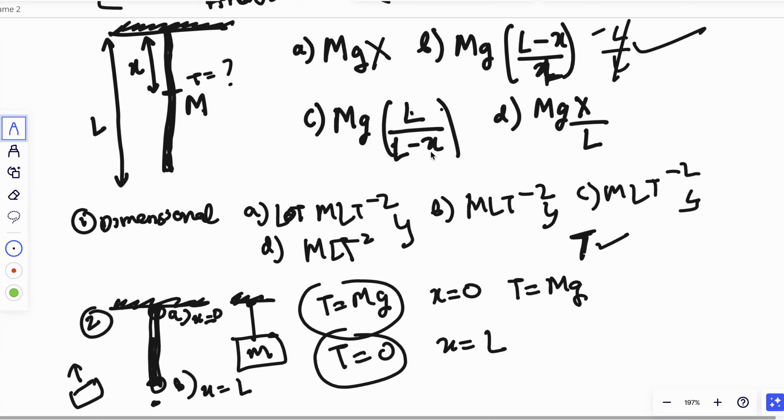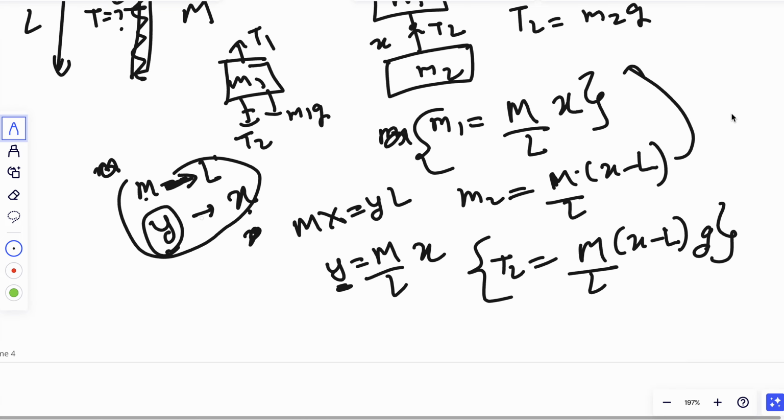Here when x is equal to L, this will go to infinity, that is not right. When x is equal to 0, it is 0. So this is also not right. So our final answer is B, it is mg (L minus x) by L.